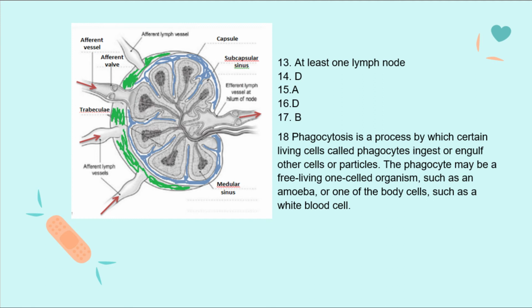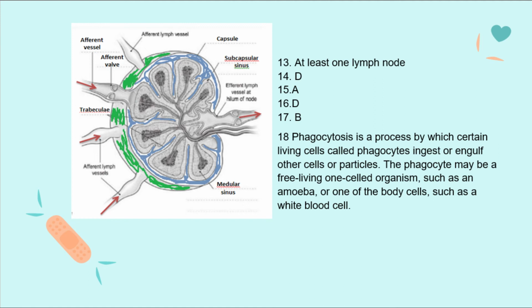The colored parts, as you can see, the green is indicating the capsule, while the blue one is indicating the trabeculae.